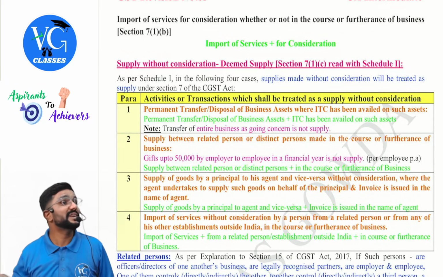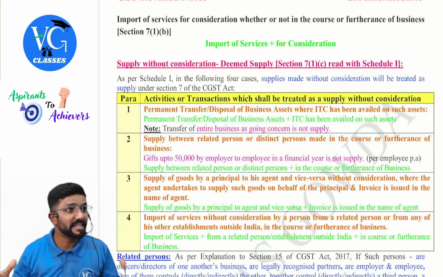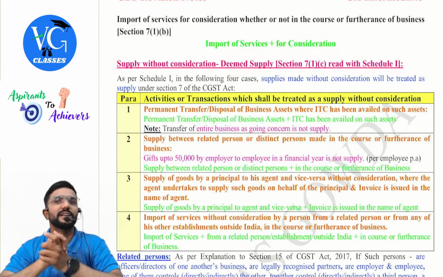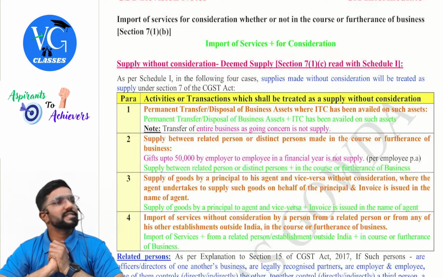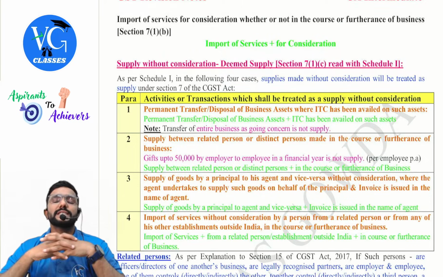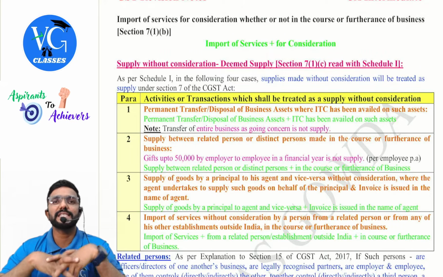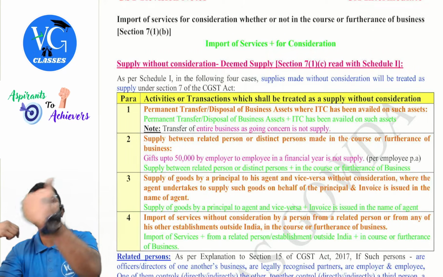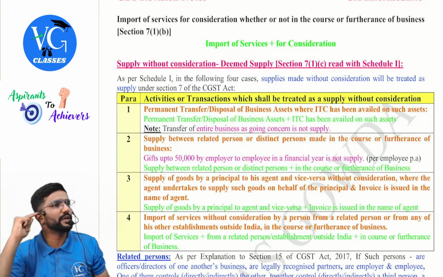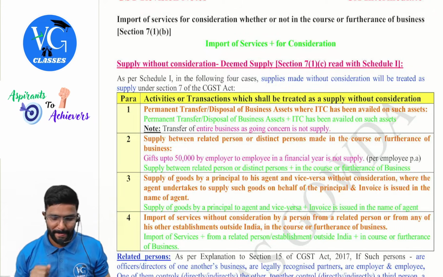But now 7(1)(c) is telling without consideration. Have they given the list in 7(1)(c)? No, they have asked you to refer to Schedule 1. Whenever you are answering a question on this, please answer like this: as per section 7(1)(c), read with Schedule 1. And if you can remember the para numbers also, para 1, 2, 3, 4, guys.